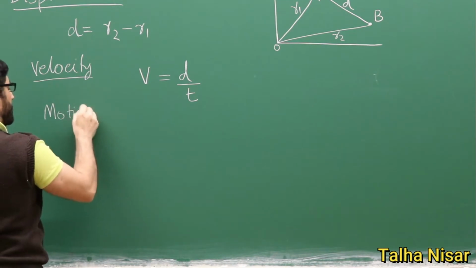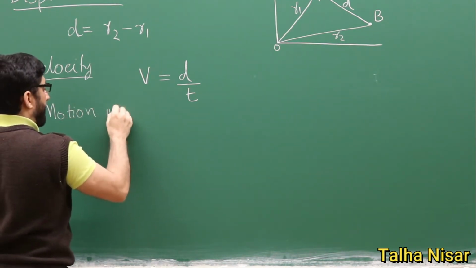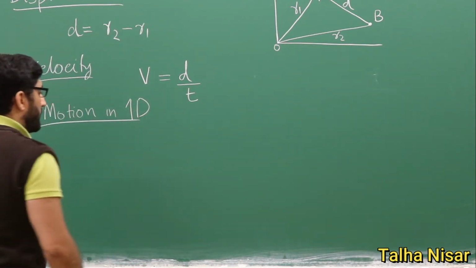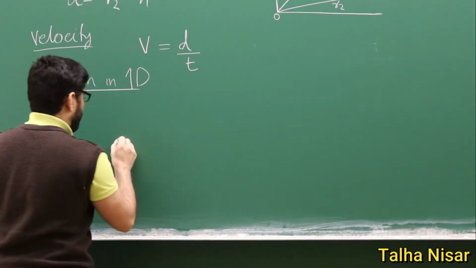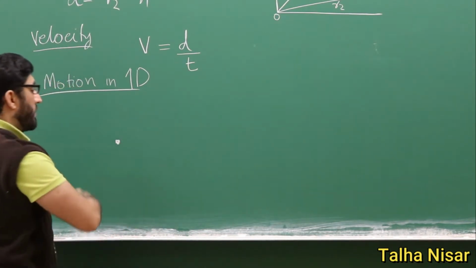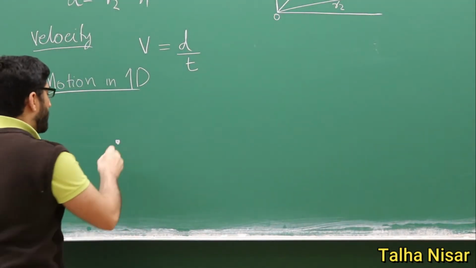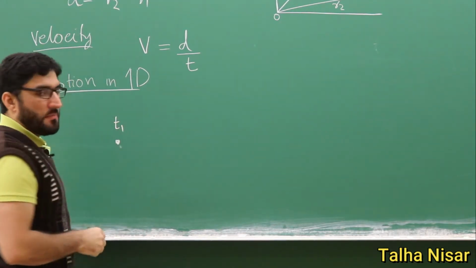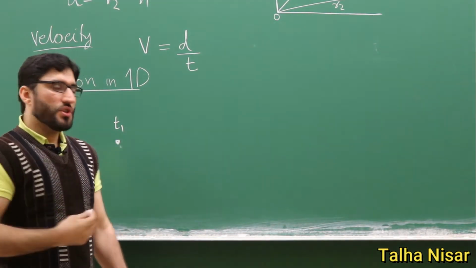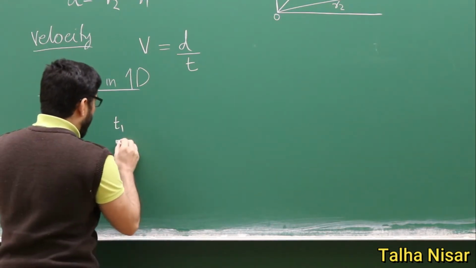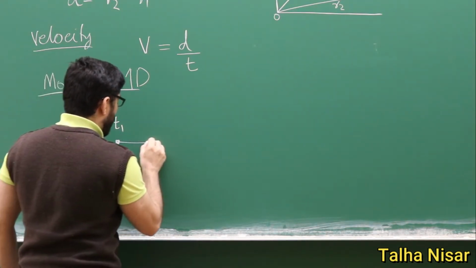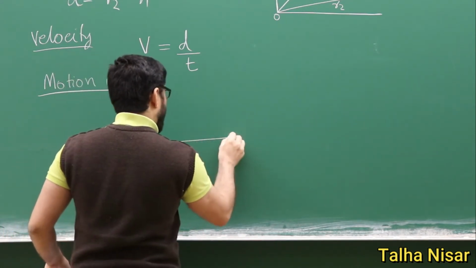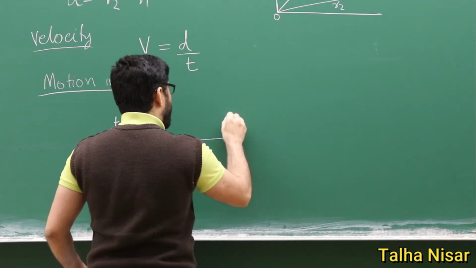Motion in 1D. So we have, for example, a car or a person or an object that was initially at time t1. This is time t1, it can be 0, we started from 0, and after some time the object was here at the time t2.